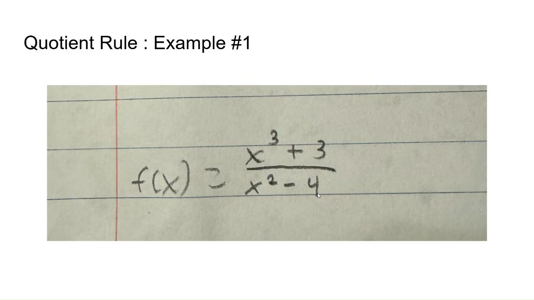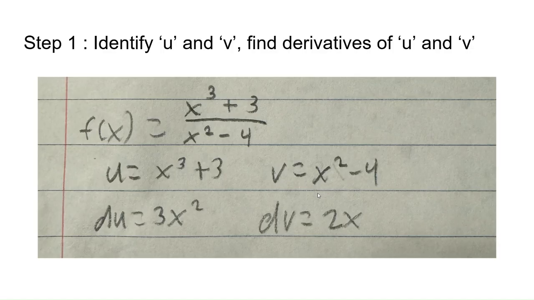So for our first example for using the quotient rule, we have this equation, which would be f of x equals x cubed plus 3 all over x squared minus 4. So our u, when it comes to division, or two factors dividing by each other, would be our top factor.